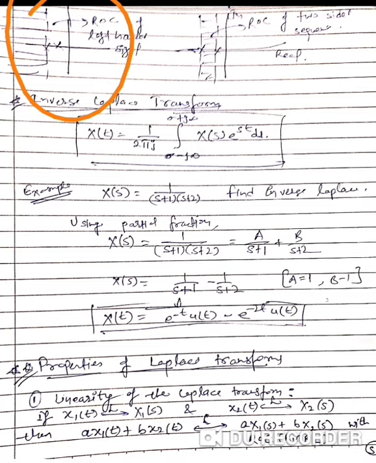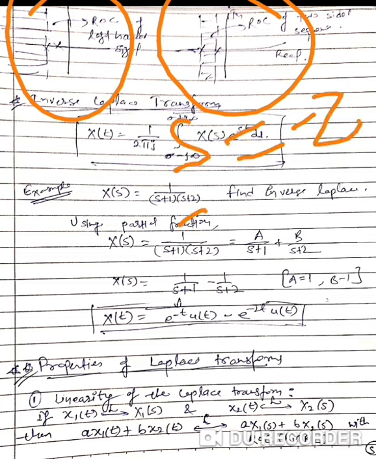But we will calculate the final ROC of the signal. It comes out to be a strip bounded by two values, s equal to -2 and s equal to -1, between which our Laplace transform X of s will exist. Outside of this region, X of s will not exist.